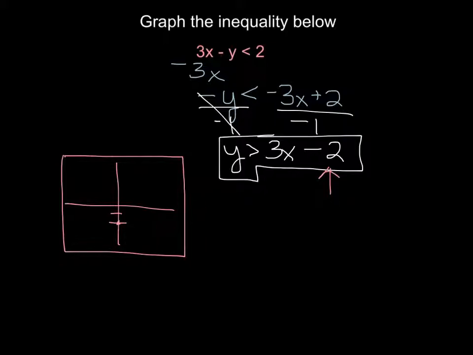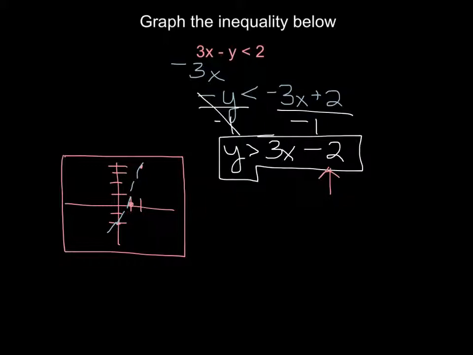And then from there we can use our slope to count 3 up and 1 over. And we can keep doing that until we get a line. So again, I'm going to use a dotted line because it does not have an equal to.